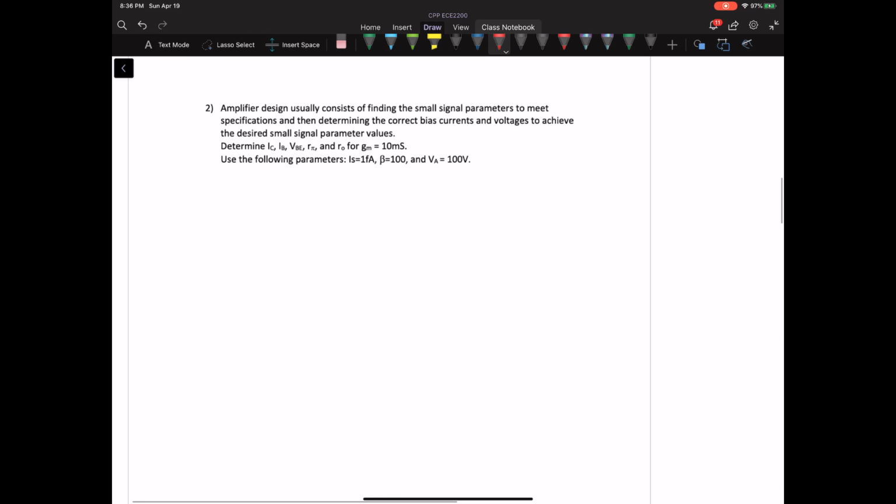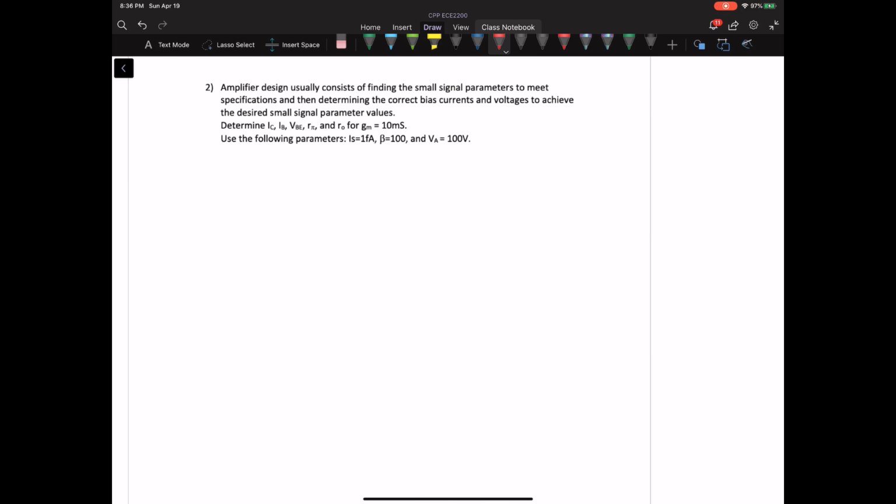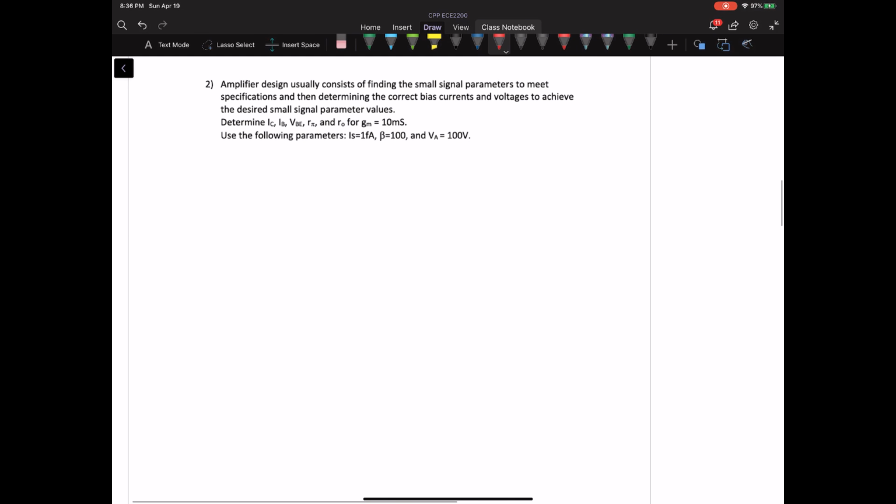Okay, so that was a warm-up problem. Things are going to get a little more difficult. The second problem is a warm-up problem for 3 and 4, which are amplifier designs. The typical situation is you want a certain gain, so you need to find the small signal parameters to meet some specifications.